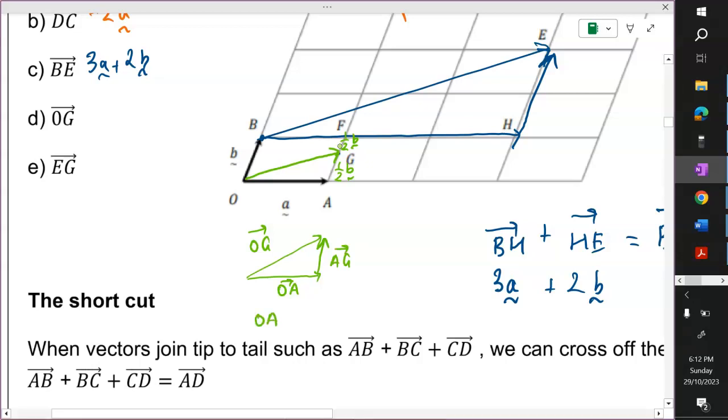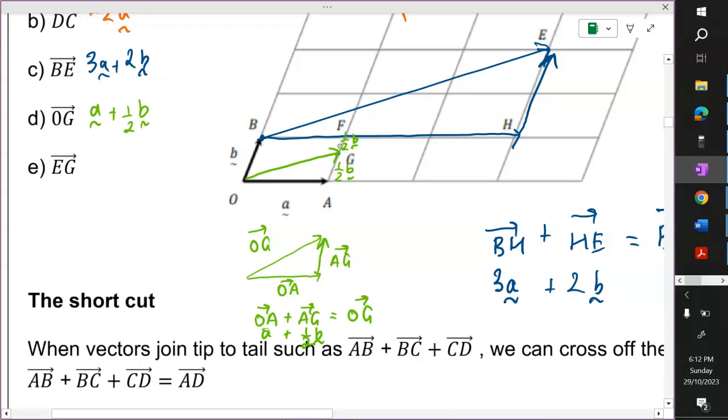So OA plus AG is equal to OG. Now let's think of that in terms of addition. What have we got? We've got OA being vector A and AG being half of vector B. So we've got vector A plus half of vector B, and that's my OG.